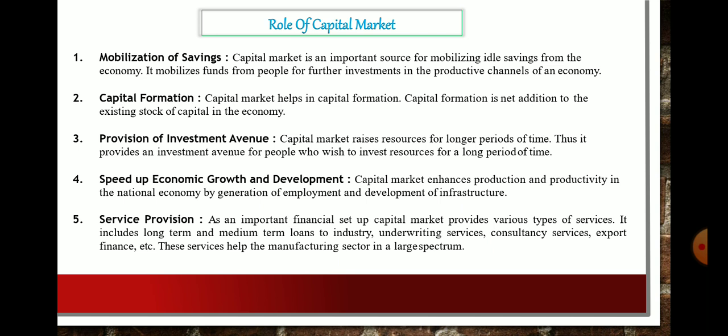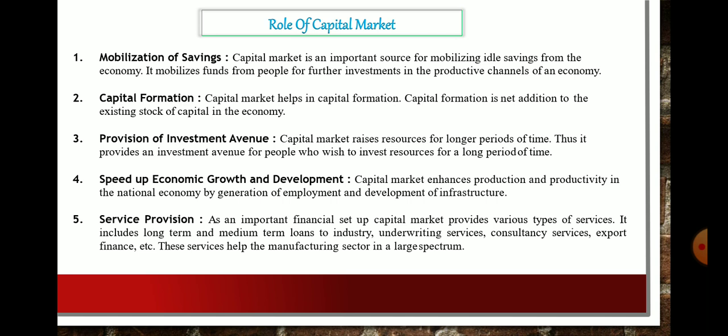So what is the role of the capital market? Basically, why are we investing in the capital market? This is the role or functions of the capital market. One is mobilization of savings. We can easily capitalize the funds. Capital formation: we can put on capital through mobilization of savings.